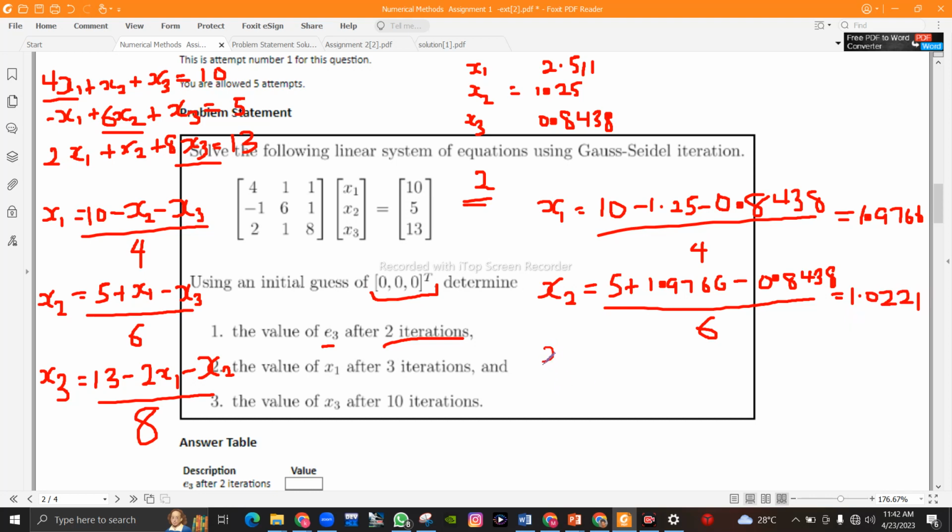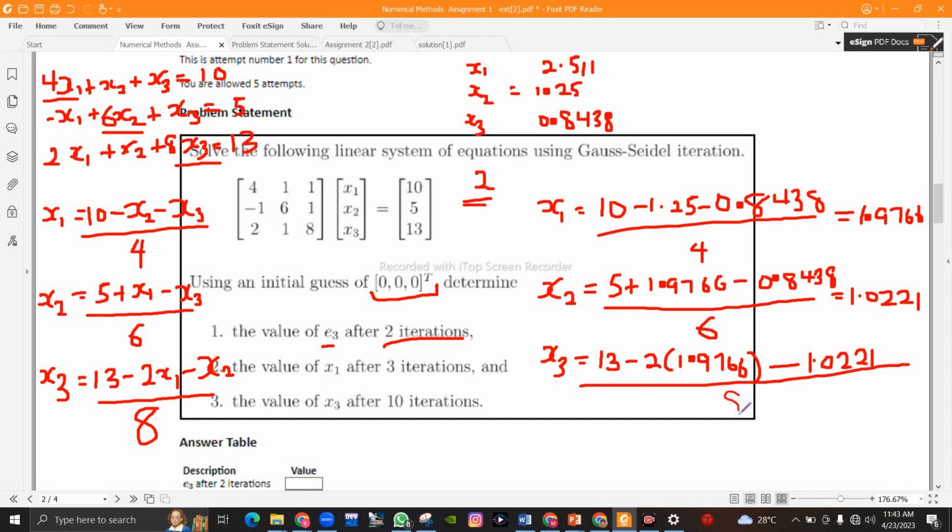Then x3, same procedure. What's our x3? Our x3 will be 13 minus 2x1. x1 is now 1.9766 minus x2. x2 is now 1.0221, the new value, divided by 8.